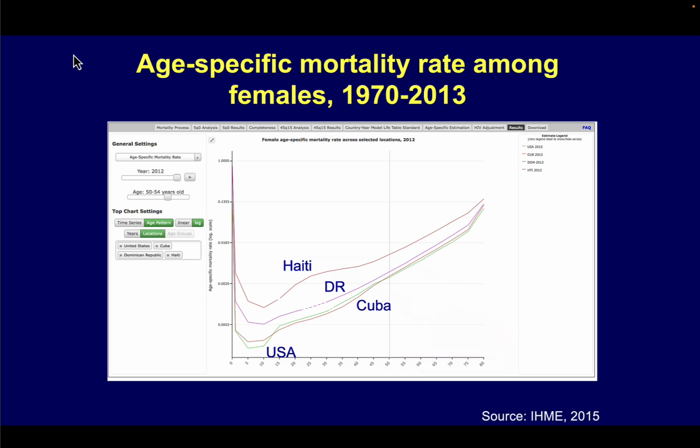So when you estimate all-cause mortality rates in a given country at the national level, it becomes possible to compare mortality rates from one setting to the next, and in settings that are nearby to each other, as well as settings in other parts of the world. If the Haiti estimates of all-cause mortality are correct, the death rates here are much higher than that of the very nearby Dominican Republic, and much higher than those of Cuba and the US.